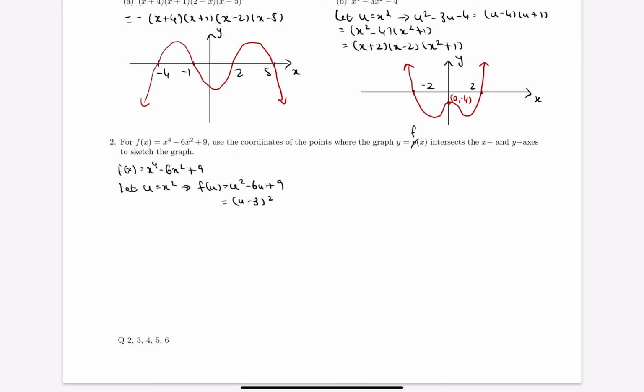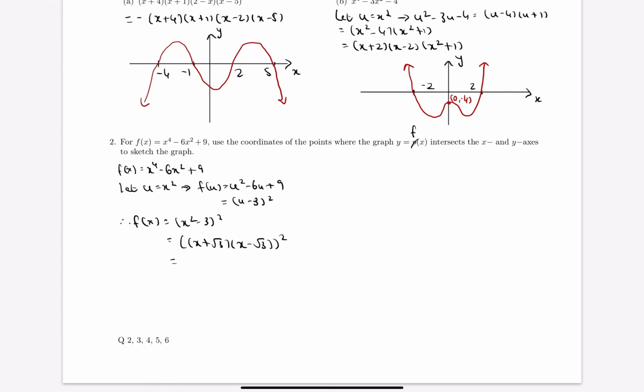But remember, that is x squared. So then we can say that f of x is equal to (x squared minus 3) squared. All right, so for x squared minus 3, we can again use the difference of squares to write it as (x plus root 3)(x minus root 3), but remember that whole thing is squared.